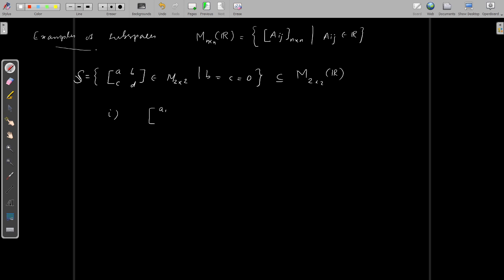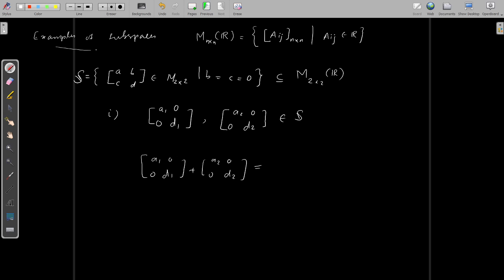Take [A1, 0; 0, D1], an arbitrary element of the set S, and another element [A2, 0; 0, D2] from S. Then you can get the sum [A1, 0; 0, D1] plus [A2, 0; 0, D2]. This stands for the vector addition.